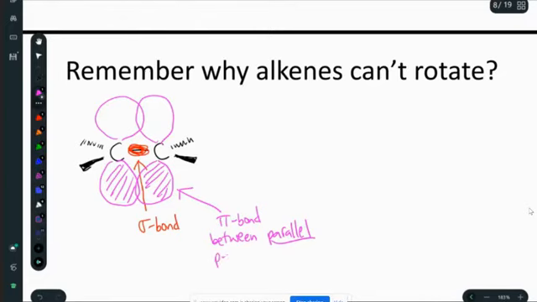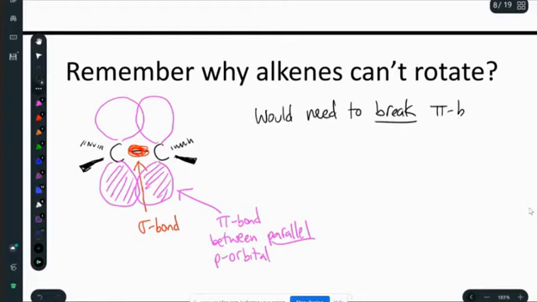And in order for those to stay overlapping, they need to stay parallel. Well, if I tried to rotate around that bond, I would have to break the pi bond to rotate around this CC bond.